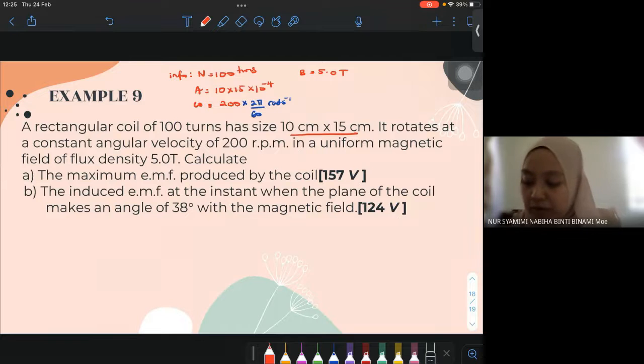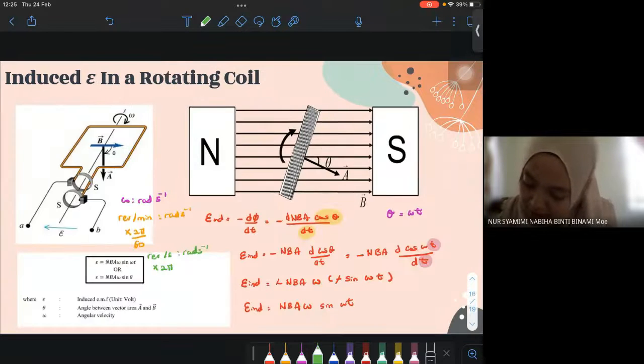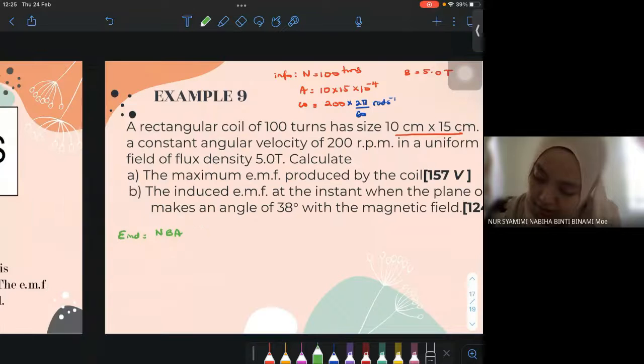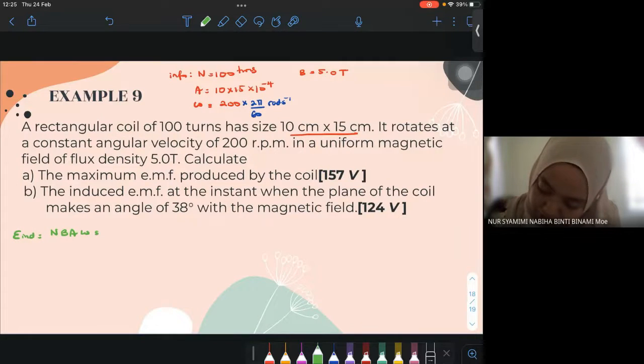Calculate the maximum induced EMF. So we know that dia ialah rotating coil. Formula untuk rotating coil ialah E induced equals to N B A omega sin omega t.